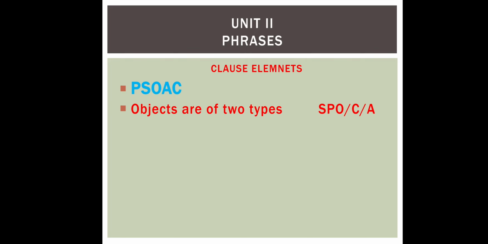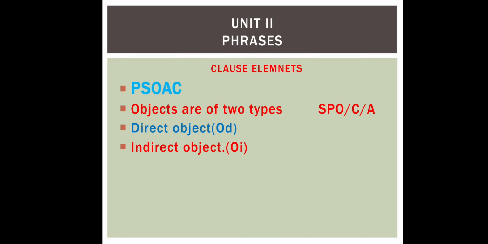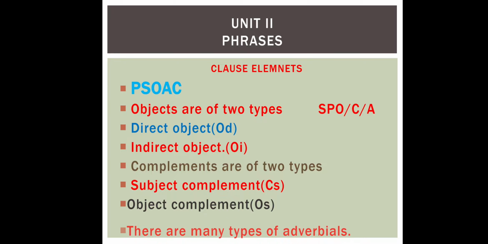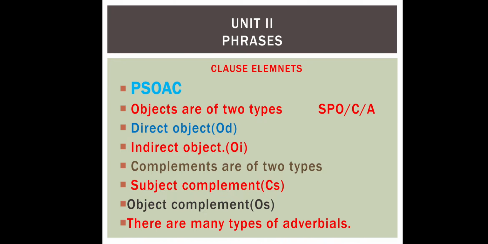Then, of these elements, objects are of two types, that is, direct object and indirect object. Complements are also of two types. One is subject complement, another is object complement, and there are various types of adverbials according to the question they answer.